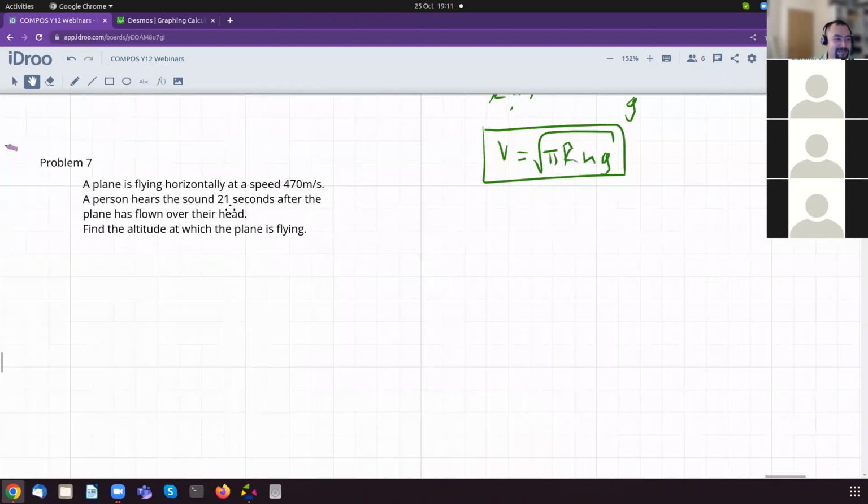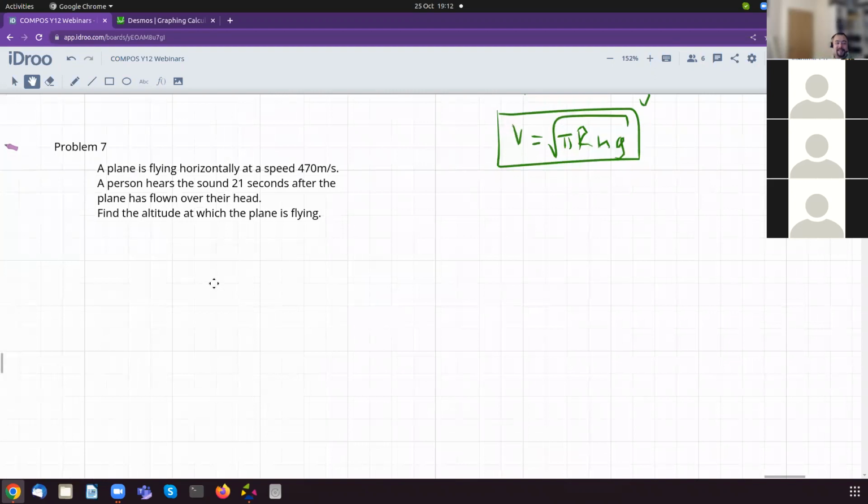Okay. Problem 7. Problem 7 is one of the harder problems. I'm not going to go through the whole thing because otherwise I'll just give away the answer. I just want to explain how to look at this problem. This is somewhat to do with the Doppler effect.